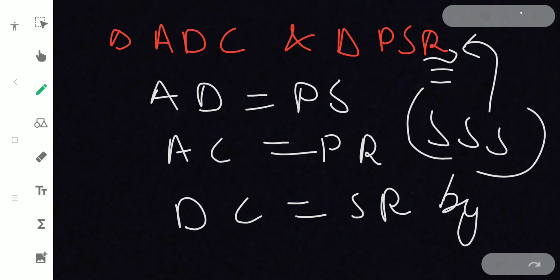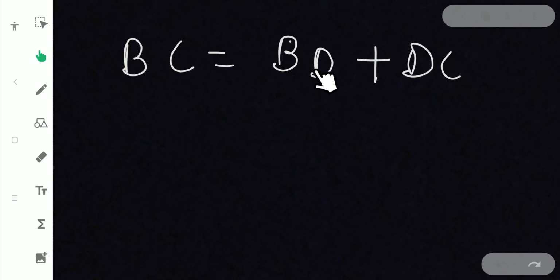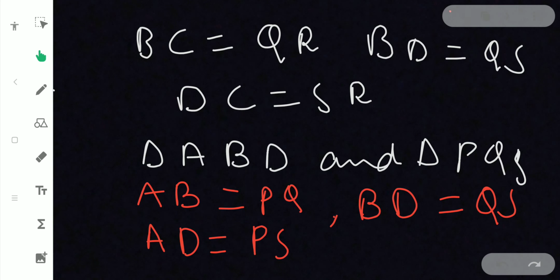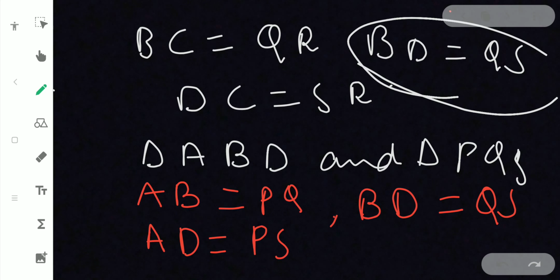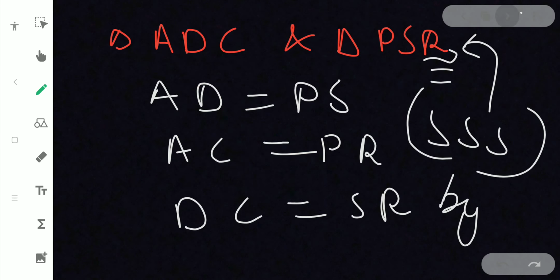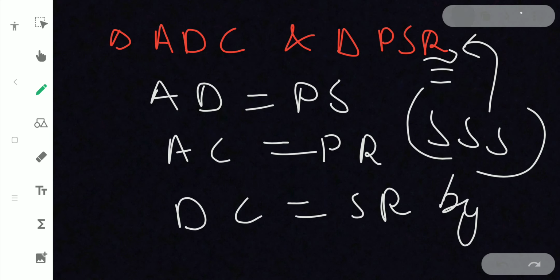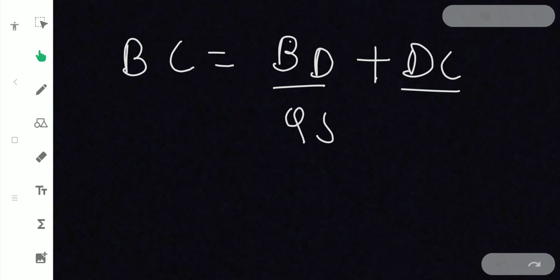Now we have proved that BD is nothing but QS, so in place of BD I'll be writing QS, and in place of DC I proved that DC is nothing but SR, so I am writing SR. Now this is equal to QS plus SR.